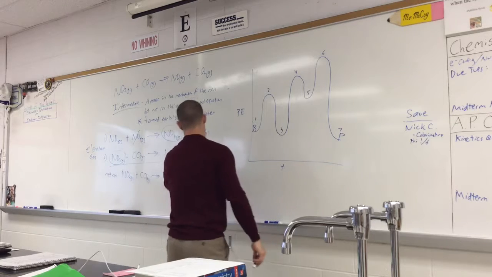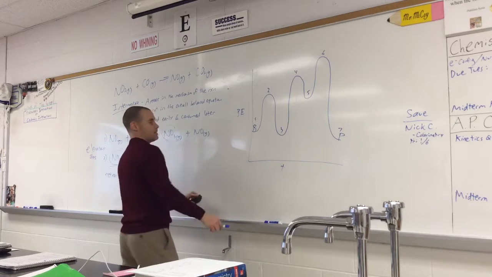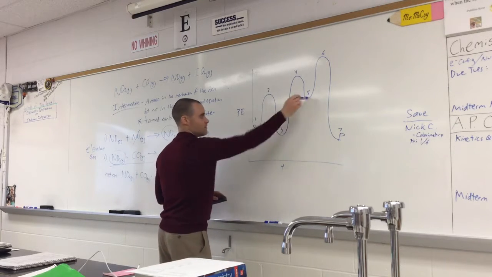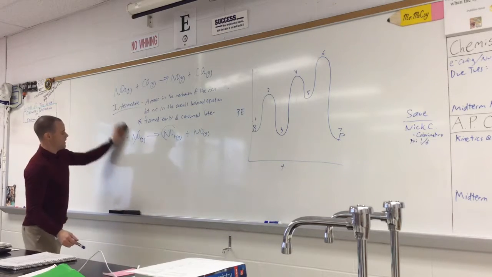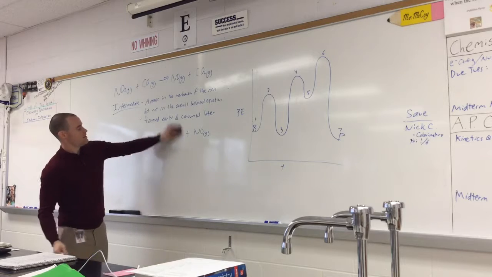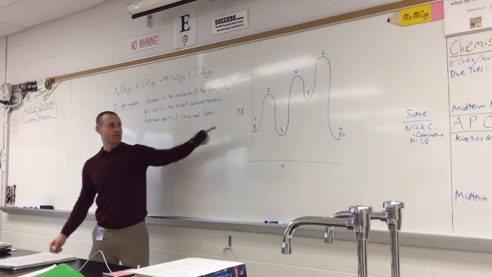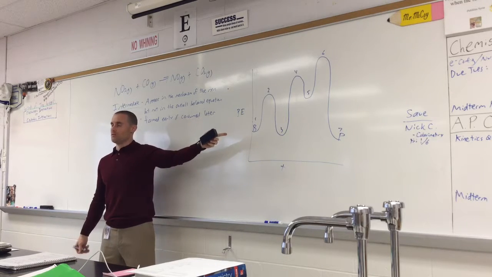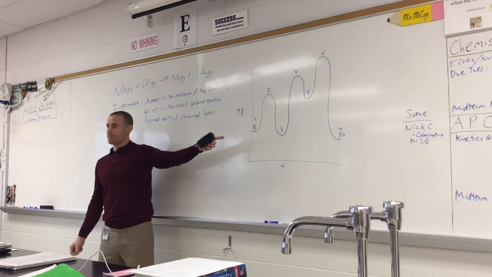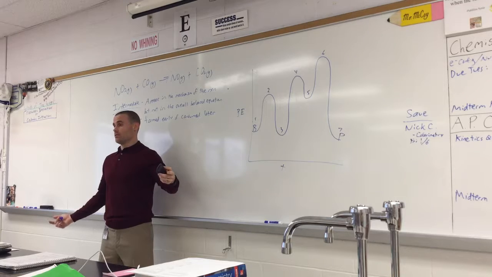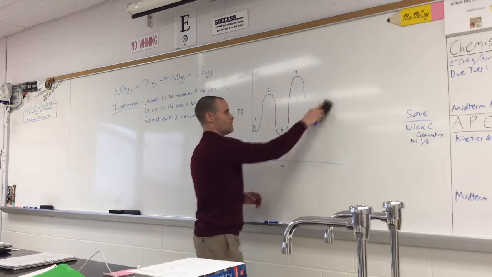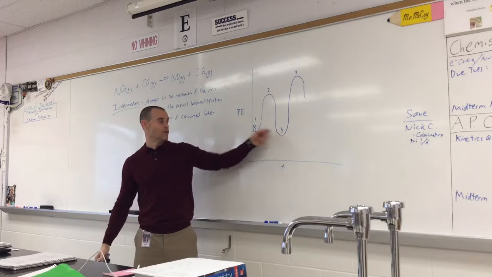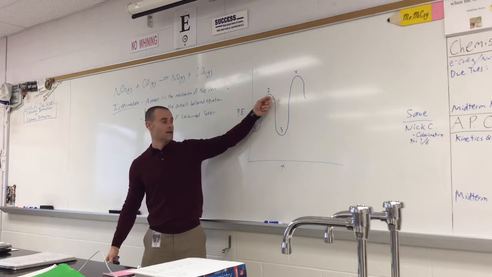Oh, by the way, 3 and 5 are the intermediates there. So good job, Maddie. So how would this one look different than this one over here? How many peaks would there be? How many intermediates were formed? Just one, so I would get rid of that. So that would be your NO3. There would be your reactants, they would collide.